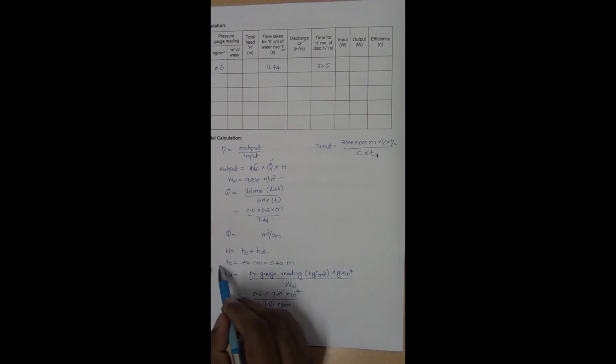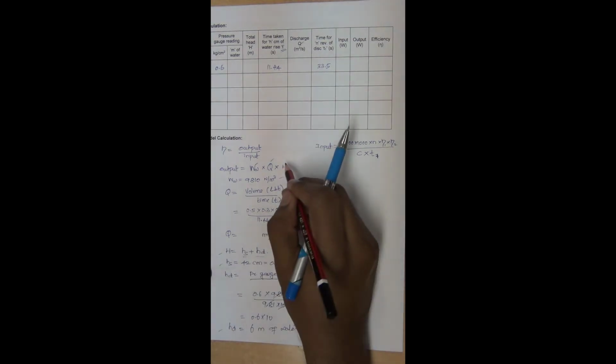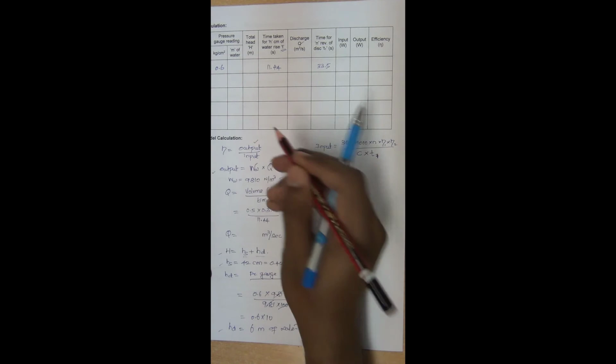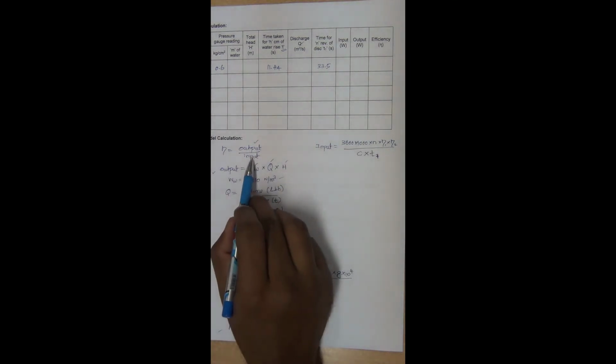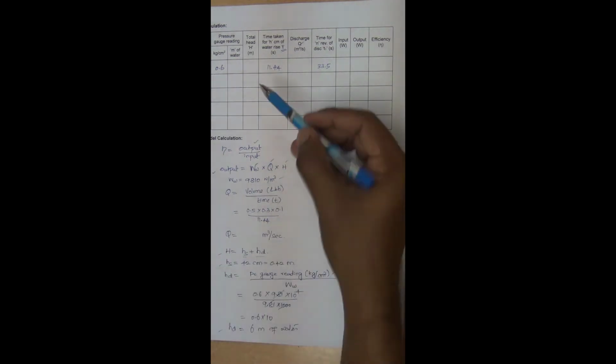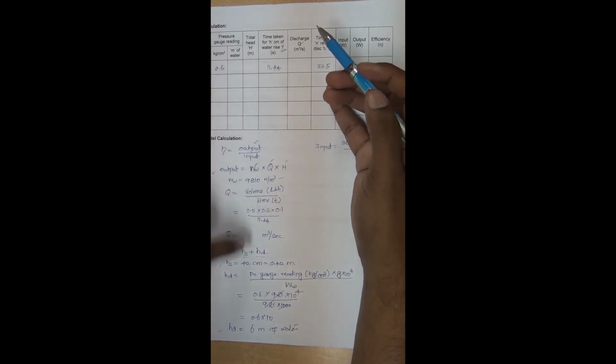So we have calculated Hs and HD. Once we get these, we can calculate H, and then the output power, which is the numerator of the efficiency.